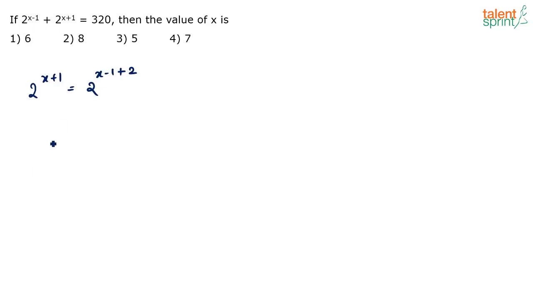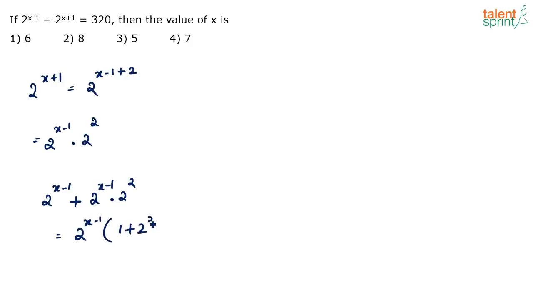See, this is nothing but 2 to the power of x minus 1 into 2 to the power of 2. Yes, 2 to the power of x plus 1, I can write it as 2 to the power of x minus 1 into 2 to the power of 2. So, this whole expression, what will it become? It will become 2 to the power of x minus 1 plus 2 to the power of x minus 1 into 2 to the power of 2. That is equal to 2 to the power of x minus 1 into 1 plus 2 squared, that is equal to 320.